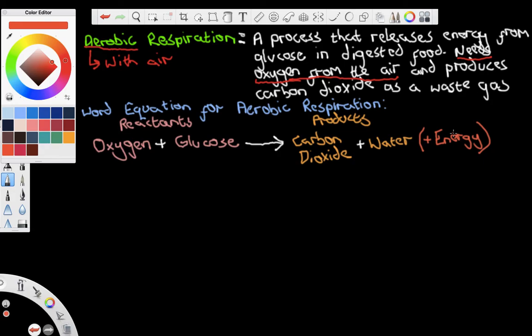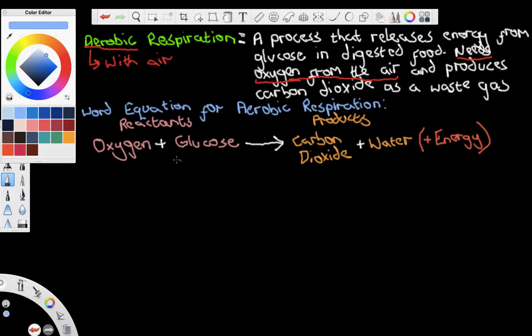So for now, for the final part of this lesson, we need to think about where all of these come from and where they go to when they're made. So when your cells in your body are carrying out aerobic respiration, as they're doing right now as you sit at your desk or table, they need oxygen and glucose.